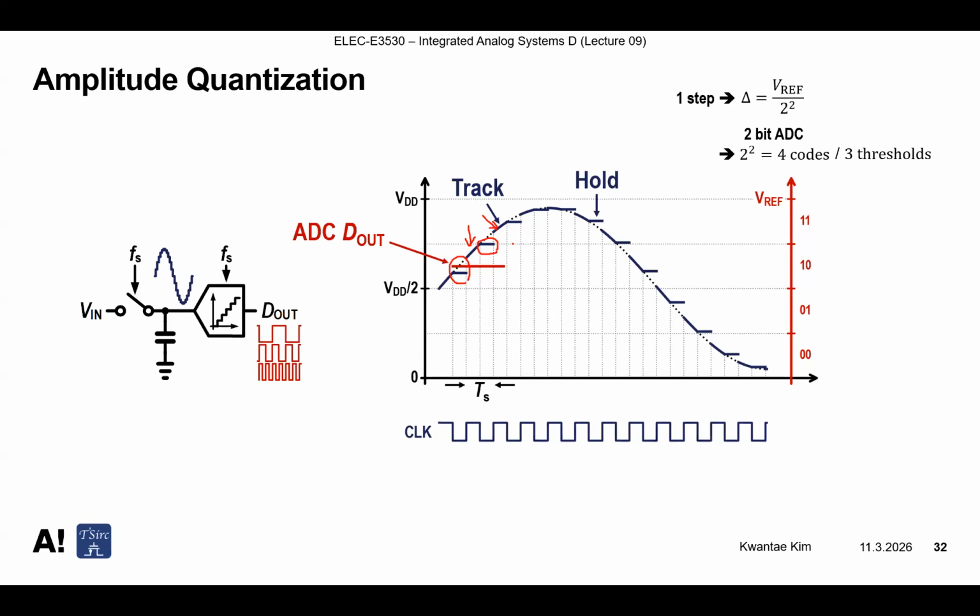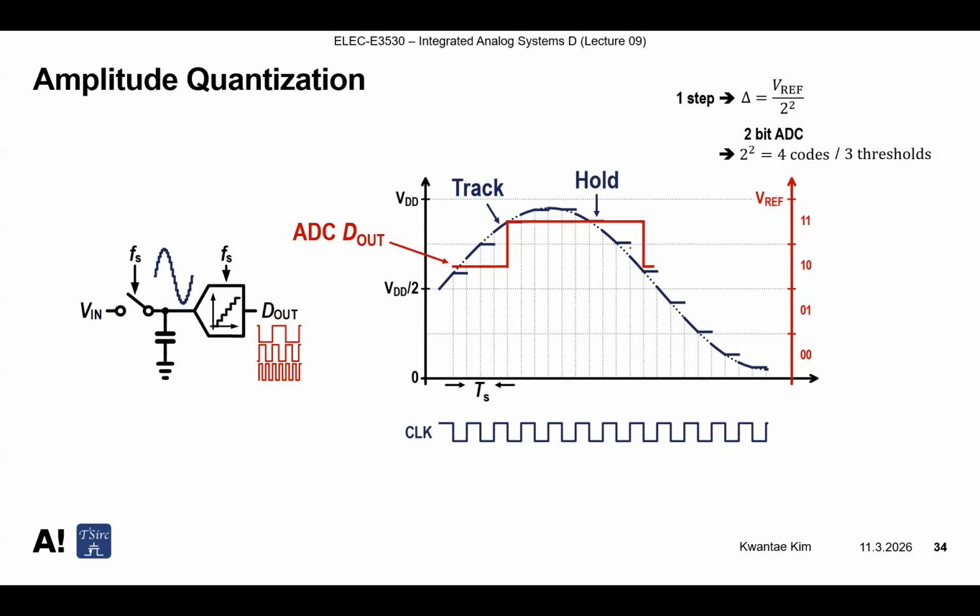In the next hold window, the input analog signal is larger than the highest threshold, so we need to produce the output digital code 11. Again, during the next track phase, it should not change.